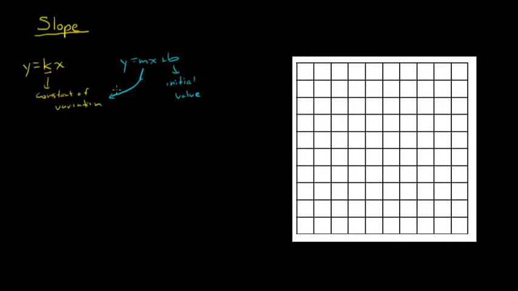So for example, let's try a direct variation. So y equals kx. Let's say we had y equals 2x. Okay. So here's our x-axis and our y-axis. If this is 1, 2, 3, 4, 1, 2, 3, 4. Okay, so y equals 2x. Well, if x is 0, y is 0.